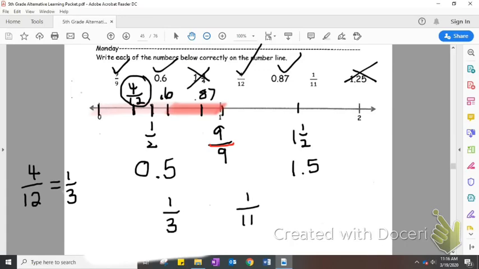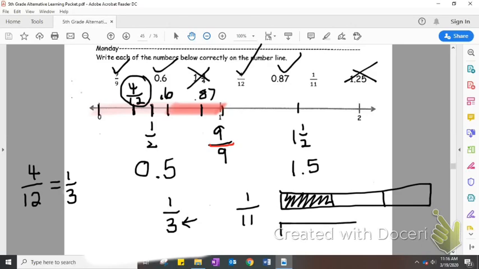1/11 and 1/3. Think about a whole. If a whole were divided into 3 equivalent pieces, each piece is not going to be that small, right? But if the whole were divided into 11 equal pieces, oh gosh, this is going to take some work here. 1, 2, 3, 4, 5, 6, 7, 8, 9, 10, 11.